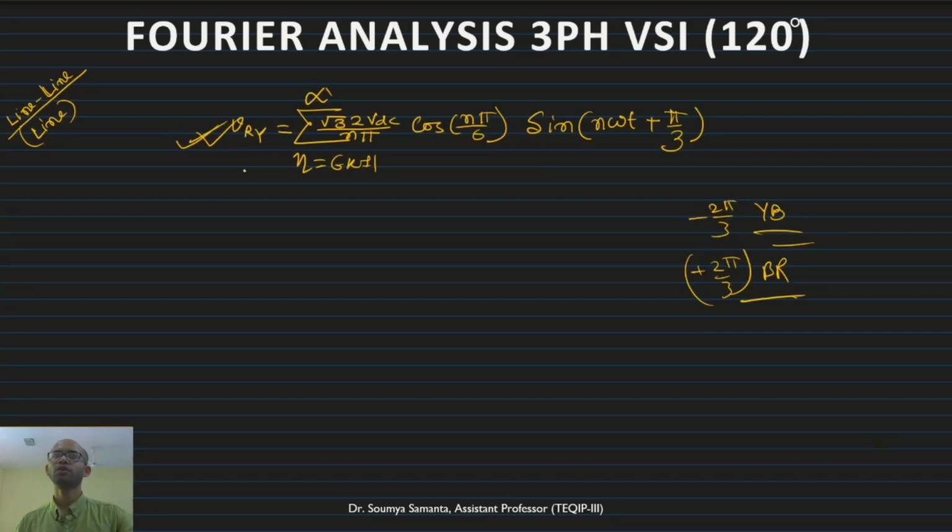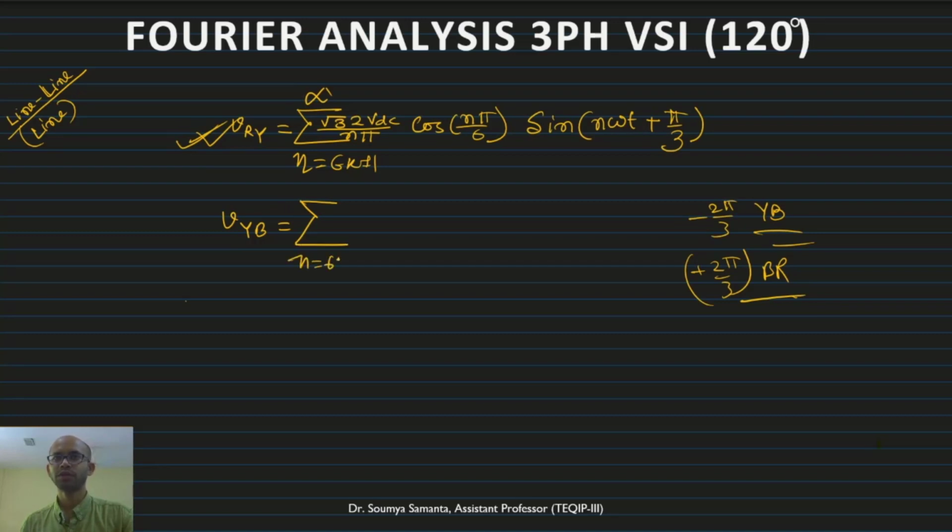So this is all about the 120 degree mode of operation. I am leaving VYB and VBR. I'm just showing one more: VRY is shown, YB I am showing, and I'm leaving BR for you to find out.